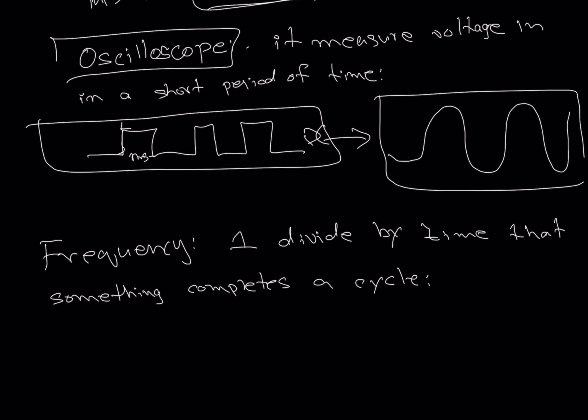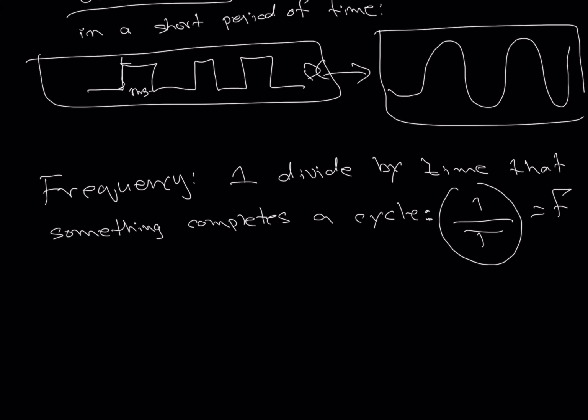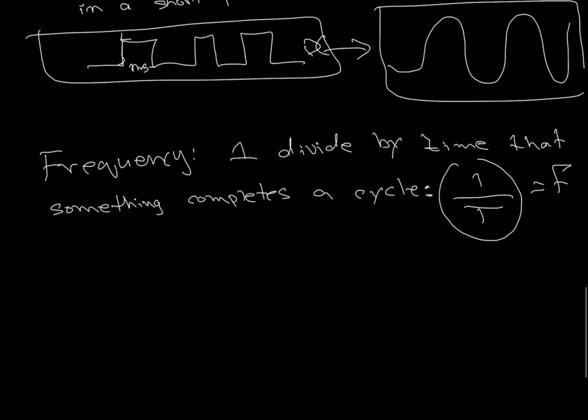So what does that mean? It's 1 over T. F is frequency, and capital T is the period. So 1 divided by the time that something takes to complete a cycle is defined as frequency.